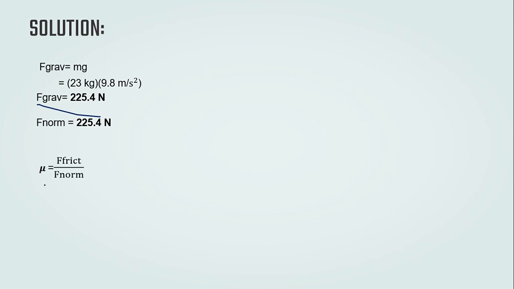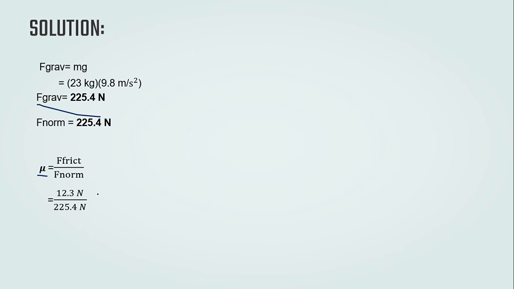So, after that, we need to solve for coefficient of friction, which is F-fric over F-norm. Then we need to input the values that we've got, which is 12.3 Newton as our F-fric and 225.4 N as our F-norm.